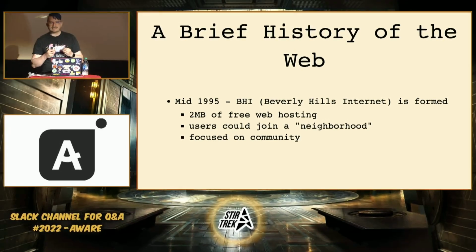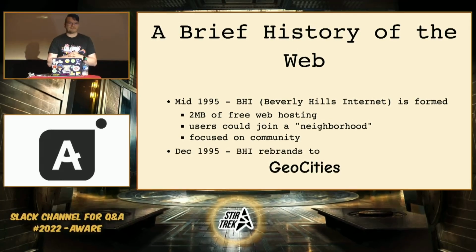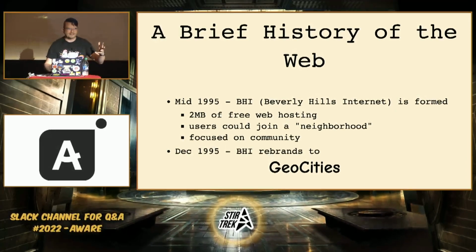And in late 1995, BHI rebrands itself to GeoCities. So this is happening simultaneously with this explosion of interesting and weird tags that the browser vendors are making, and people are trying out new things and putting things out there and just being really creative with, like, what can we do?